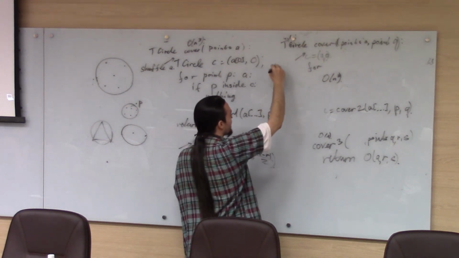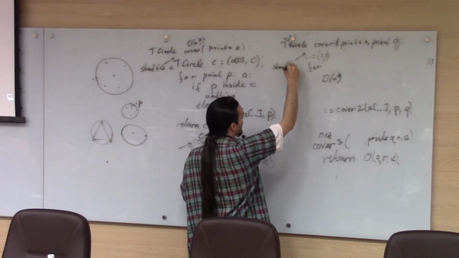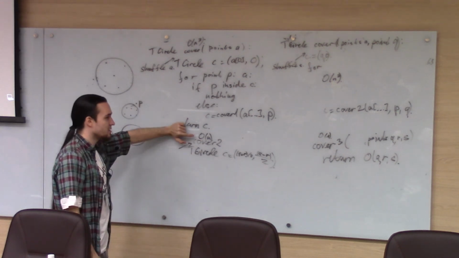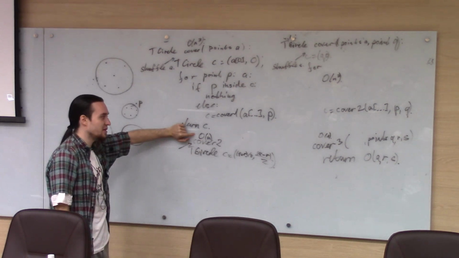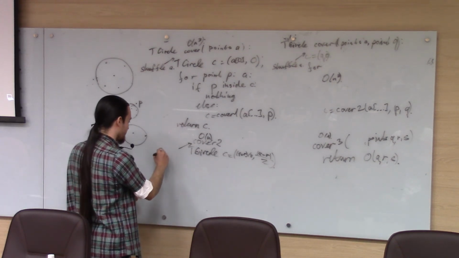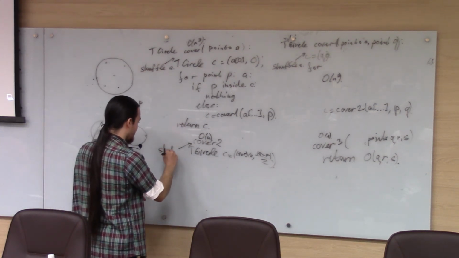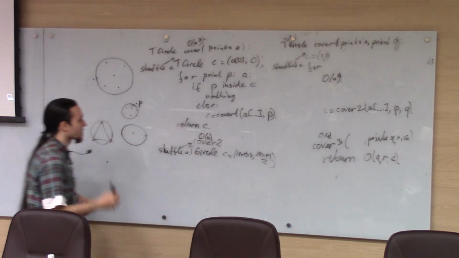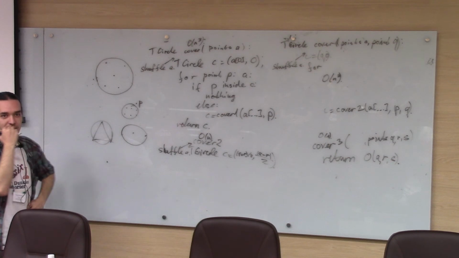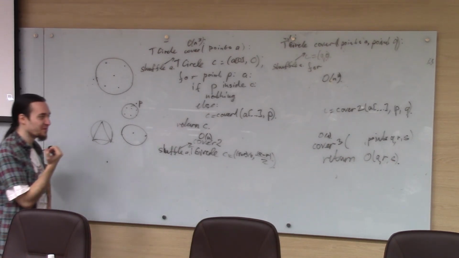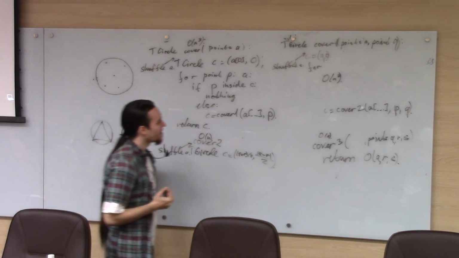So here we shuffle, and here we shuffle, and here it's not necessary because we can't exactly improve on this O of n, but just for the swag, let's shuffle them. Okay. So why does it improve anything? How can shuffling the points help you?